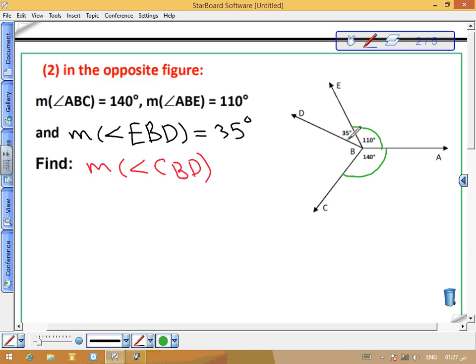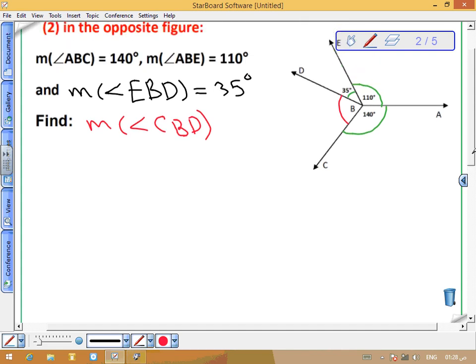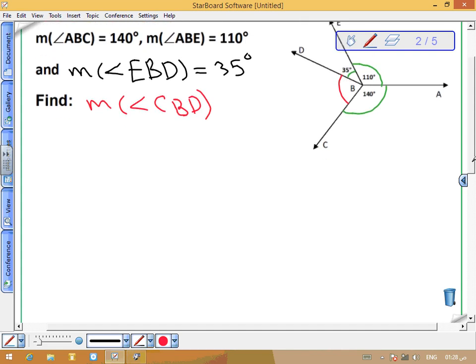The question is find measure of angle CBD. Let's solve this problem also by using deductive proof.